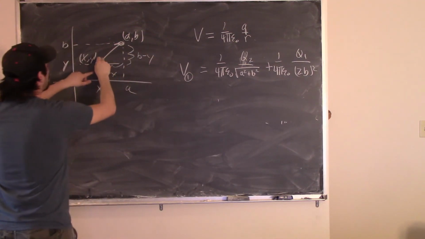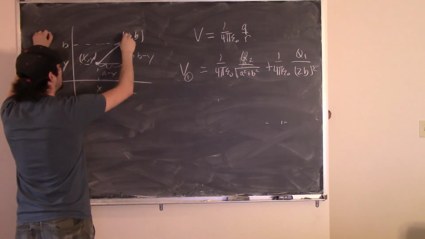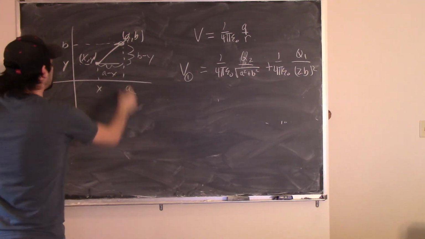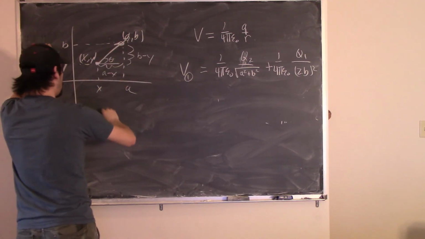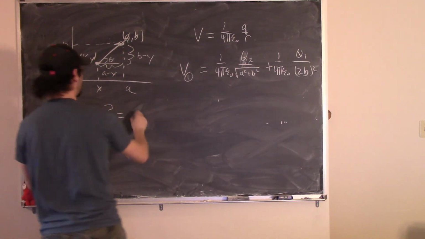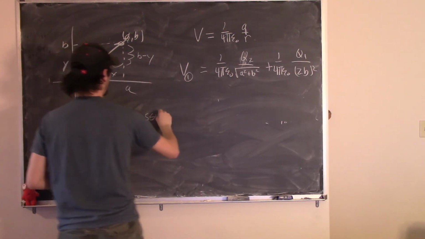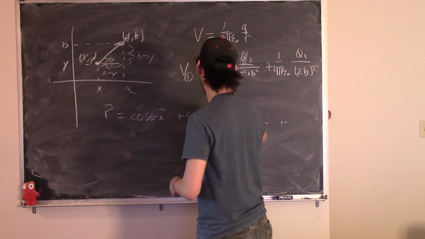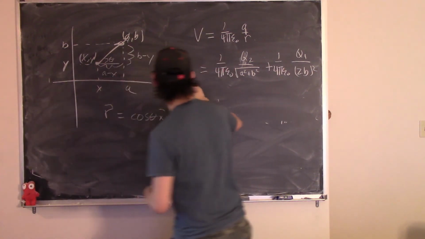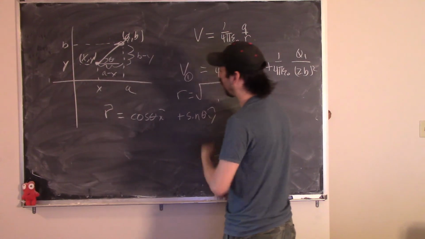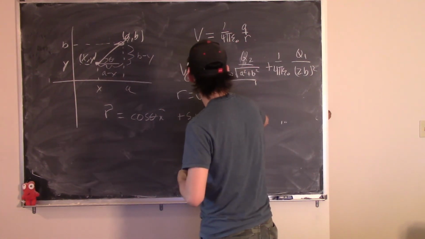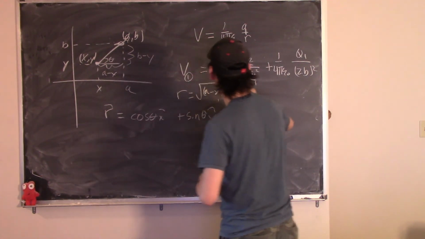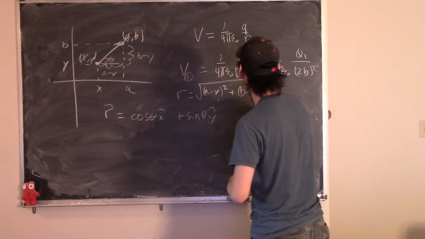And so if I wanted to talk about the unit vector that pointed from here to here, what I would do is I would say there's some angle here, theta, r hat is going to be equal to cosine of theta x hat plus sine of theta y hat. R is equal to the square root of (a minus x) squared plus (b minus y) squared.